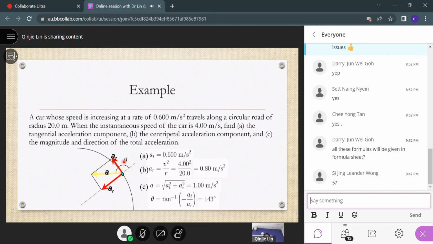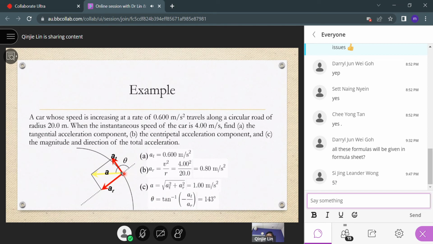Actually, it's quite a standard kind of acceleration we have when we are in cars or trains. So let's say you are in a car, you are turning left, or the bus is going left, right? And then at the same time, you are also accelerating. When you accelerate, you will feel that you want to fly backwards, correct? When you turn to the left, you will feel that you want to fly outwards.